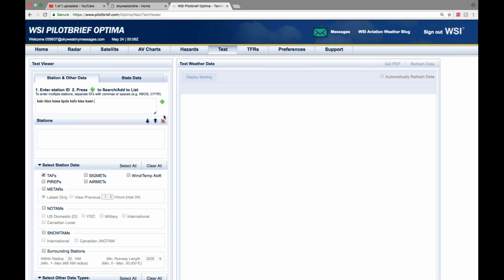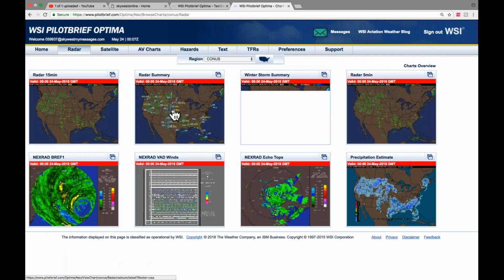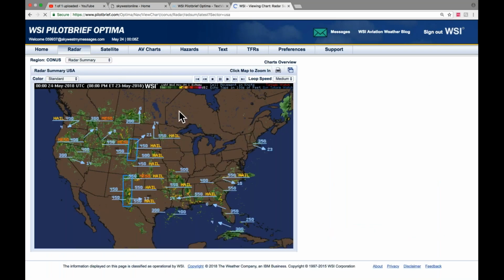Partial cloudiness. Mostly clear skies. Laramie.